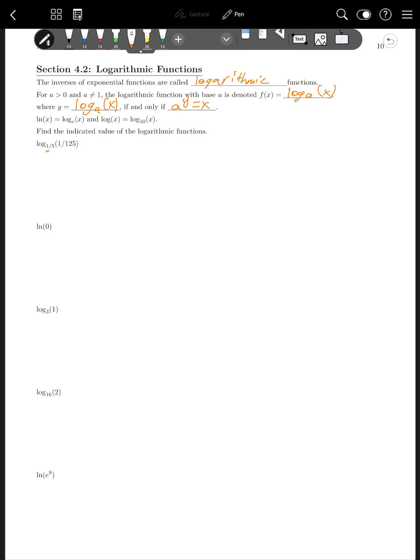And there are two special logarithms, log base e and log base 10. This one, ln, is called the natural log, and this one is called the common logarithm. They get special names and special notation because of their prominence in exponential work.